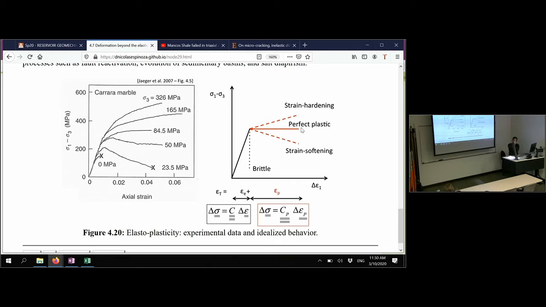If we have a fault moving with respect to each other, it's going to be closer to this case of perfect plastic deformation. And on the other hand, if we have a material that, if we continue loading, always gets stronger and stronger, that's called strain hardening, because it gets harder to break as you add more strain.